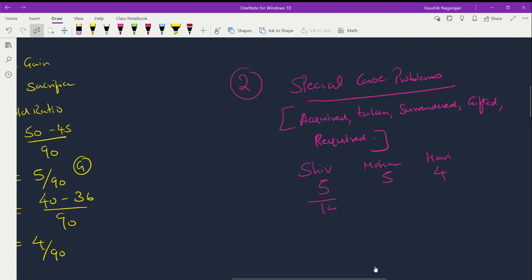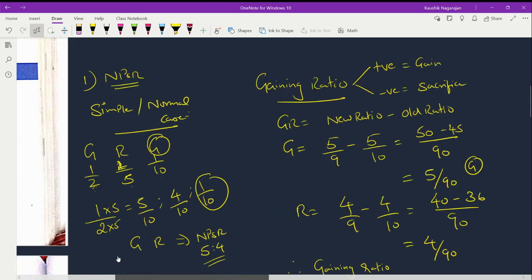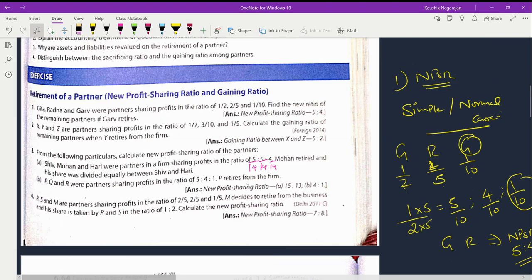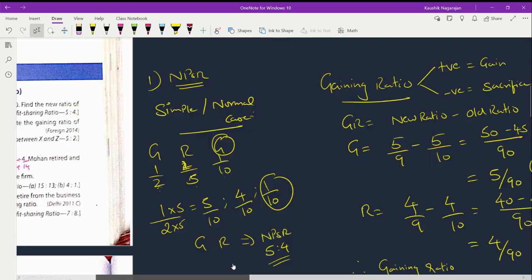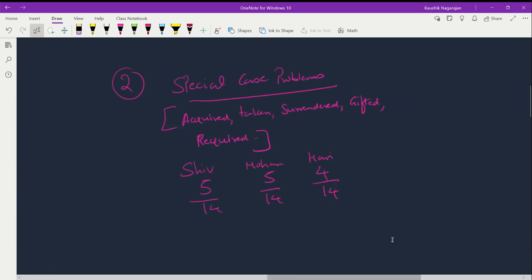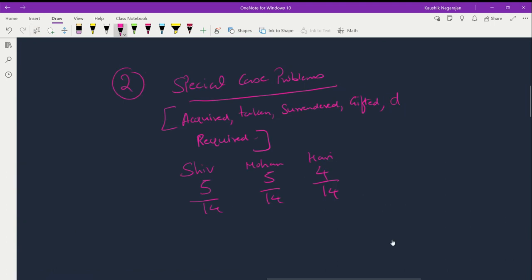That means 5 by 14, 5 by 14, and 4 by 14. It was given in the question that the partner Mohan retired and his share was divided equally between. Even this word divided, if it's there, it is also a special case problem.